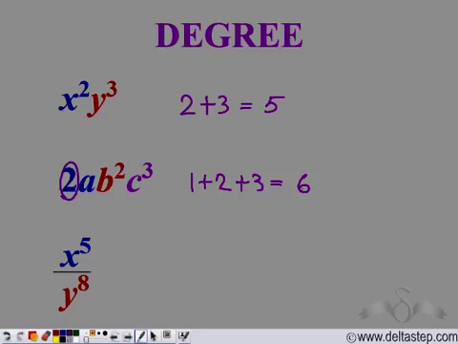Because for multiplication, we add. For division, we should subtract. So the power of x is 5 and we need to subtract the power of y from this, which is 8. So the degree of this term is negative 3. So the degree of a term can also have a negative value.